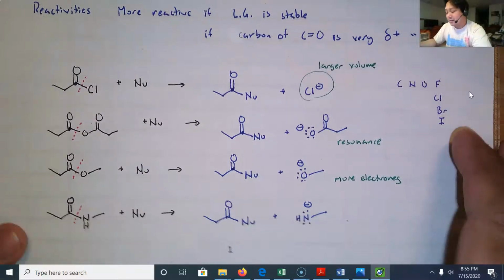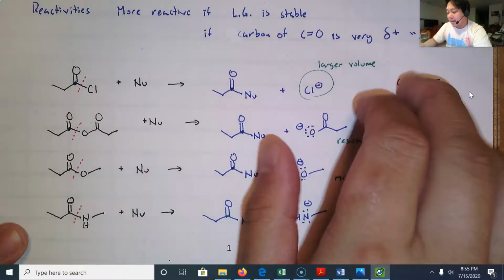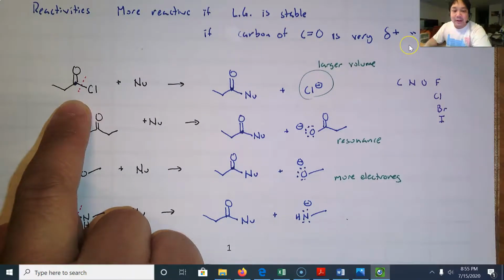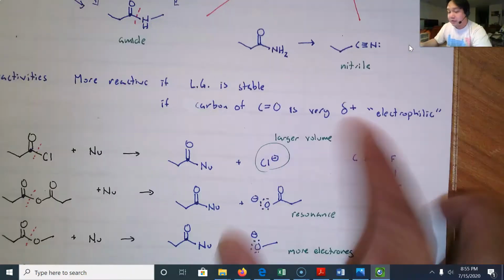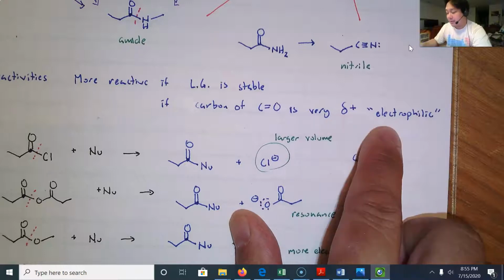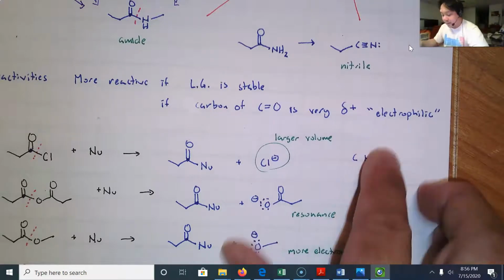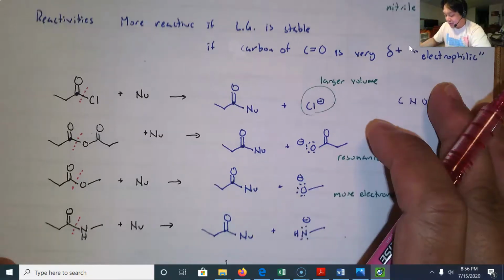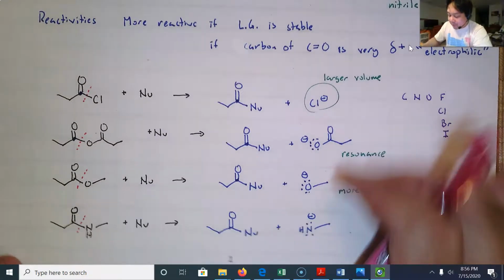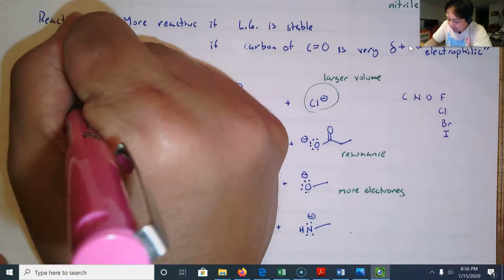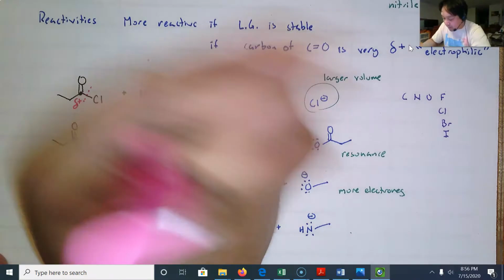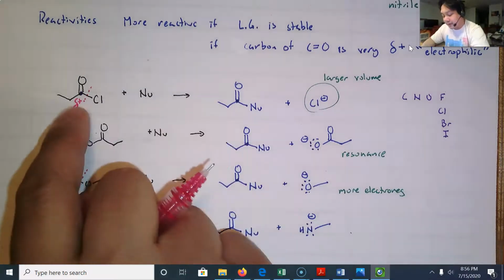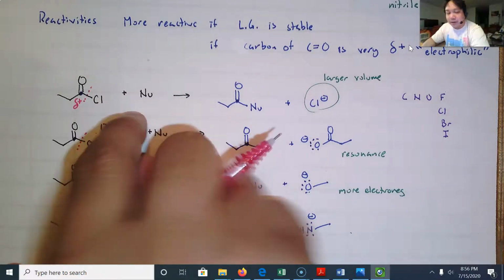What about the idea that the more reactive derivative has a larger partial positive, which makes it more electrophilic? Okay, well, let's see. We have definitely a partial positive charge here. So what is some benefit? With the chlorine, it's electronegative and it's pulling electron density away.